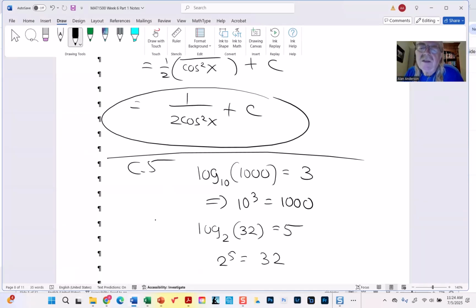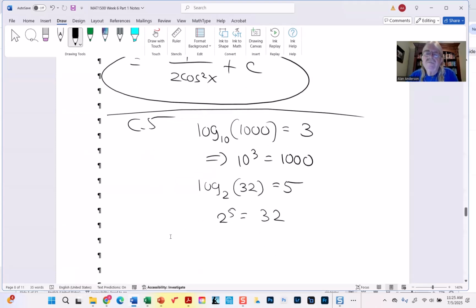Okay. So what the log is basically doing is taking some constant and returning the appropriate exponent based on whatever base has been chosen. So you also might have run across this, although possibly not.